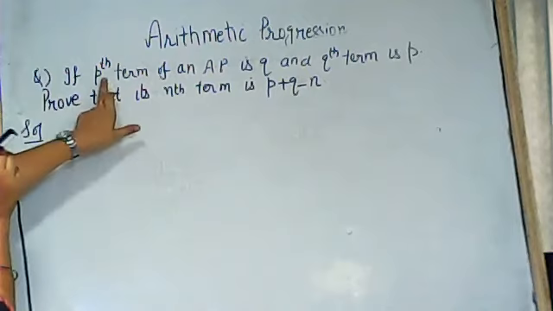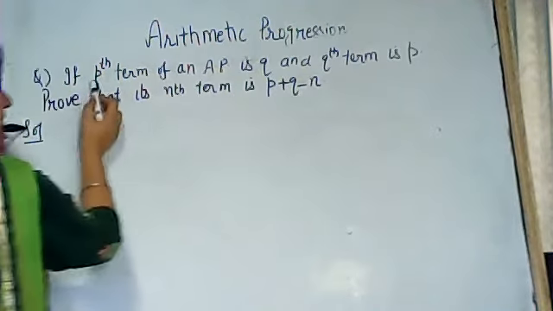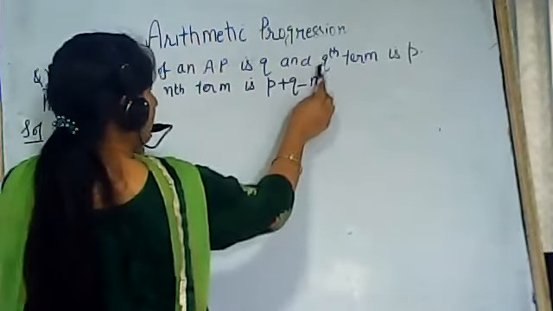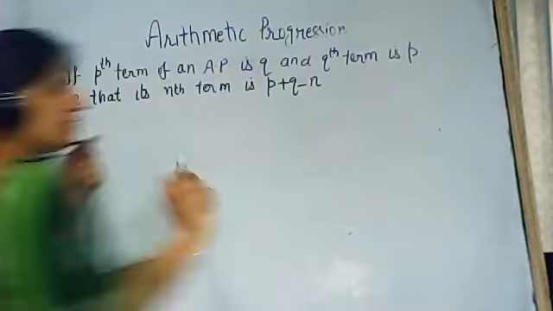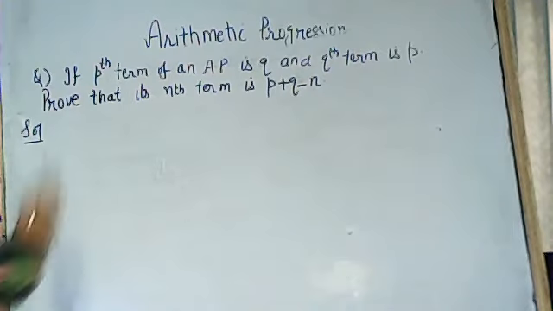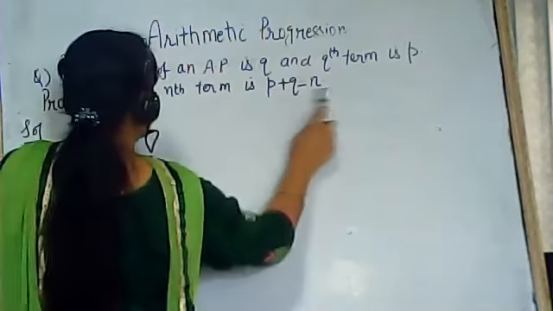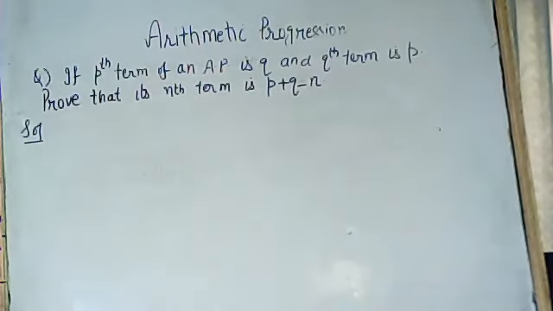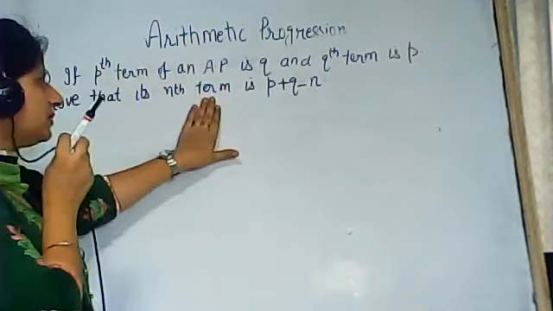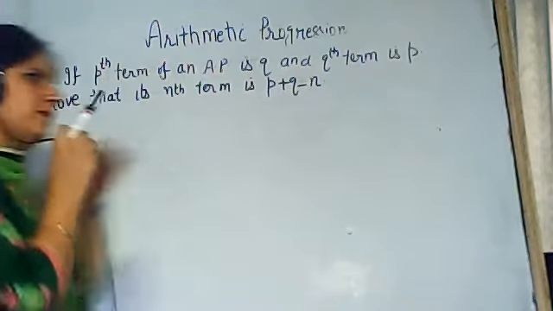The pth term of the AP is equal to Q. Also, the qth term of the given sequence is equal to P. We want to check whether its nth term is equal to P plus Q minus N or not.